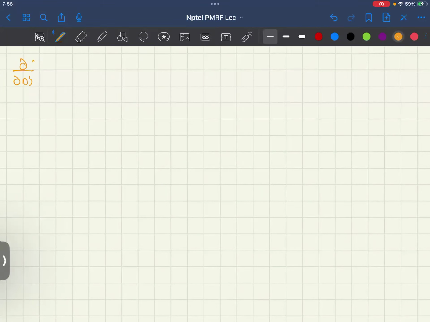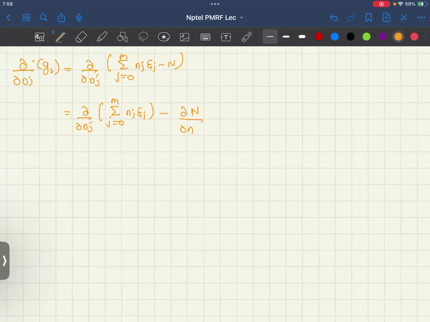Now then look at ∂/∂nj of G2. This is equal to ∂/∂nj of summation j equals 0 to l of nj epsilon j minus N, which is equal to ∂/∂nj of summation j equals 0 to l of nj epsilon j minus ∂N/∂nj, right?